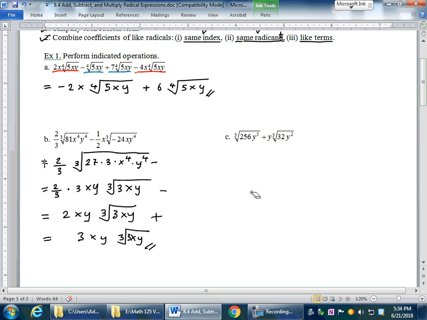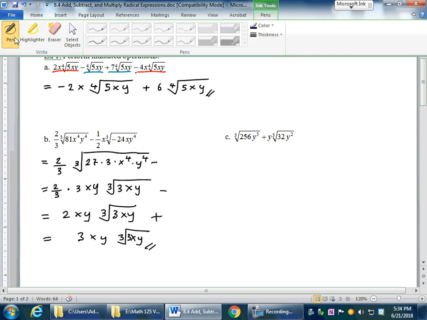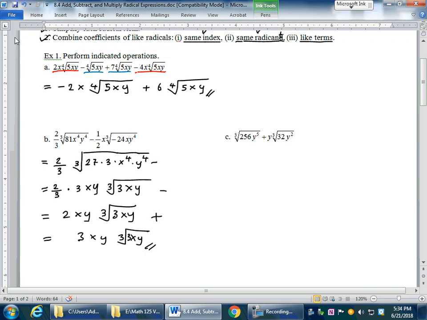So the first step, I'm going to simplify each term. So cube root, now I want to find out if 256 has a perfect cube factor or not. So 256, that is basically 16 times 16 is 256. 256 is 16 times 16.